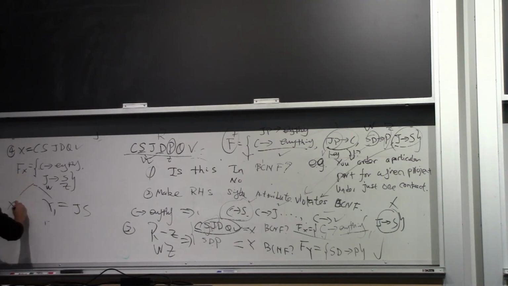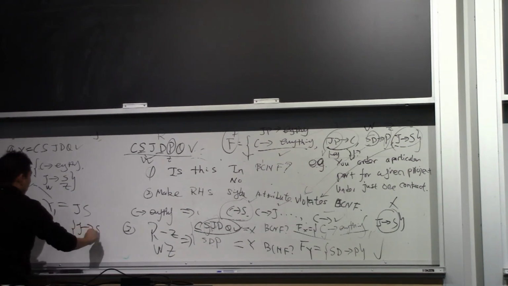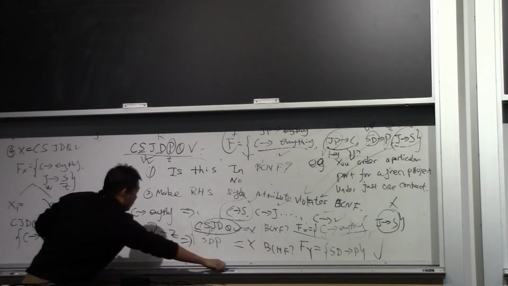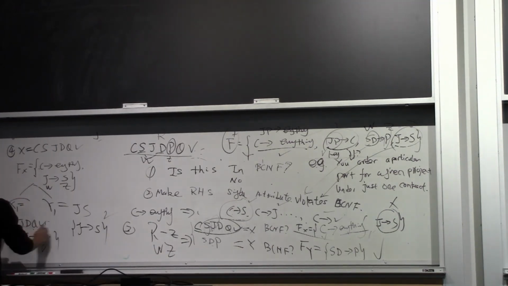And this is simply R minus Z, meaning that you minus S. You get C, J, D, Q, V. Now you're done, right? Because the projection of this is J determines S, meaning that this is now in BCNF. The projection onto this is C determines everything else. This is okay.